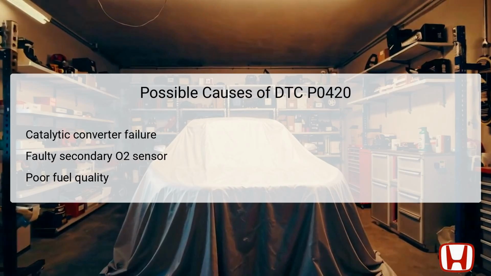DTC P0420 can be attributed to several underlying causes. The most common reason is a failure of the catalytic converter itself, which may be due to age, contamination, or physical damage. Another possible cause is a malfunctioning secondary oxygen sensor, which can provide inaccurate readings, thus leading to erroneous DTC triggering.